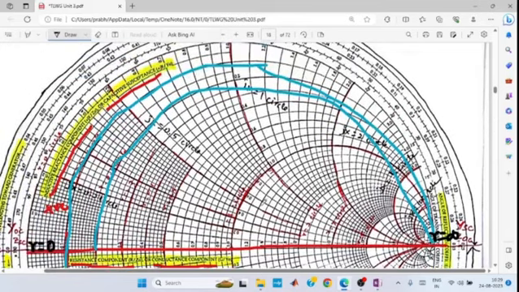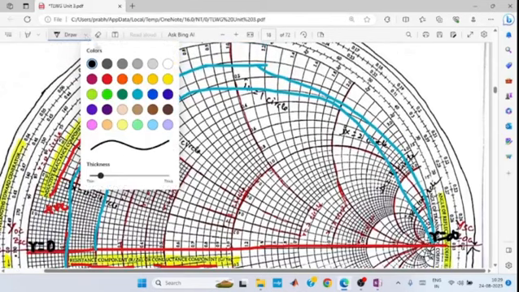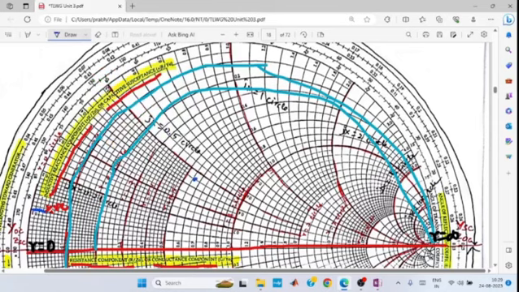Similarly, here we can see one more circle. All of you please look at the one I am indicating in blue color. It also goes to the rightmost part of the Smith chart. Here also the values are 0, 0.1, 0.2, 0.3, 0.4, and so on: 1, 1.2, 3, 4, 5, 10, up to infinity.